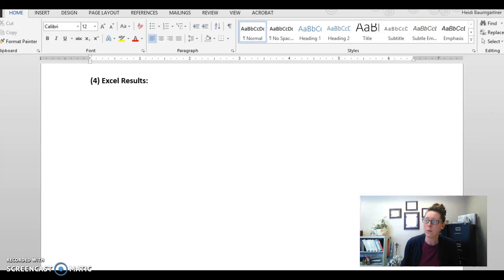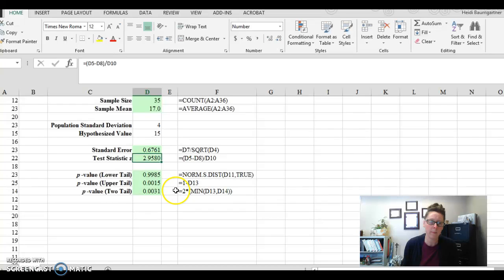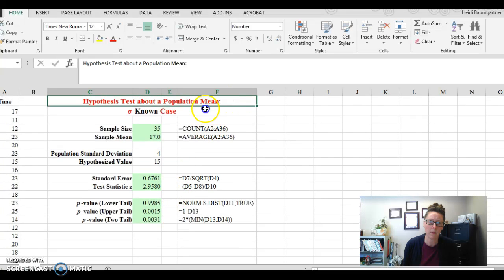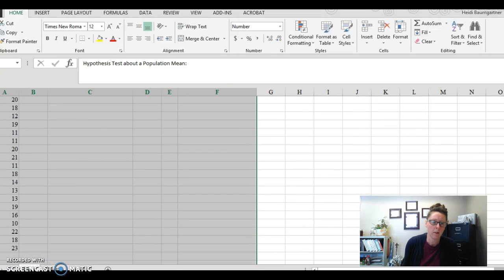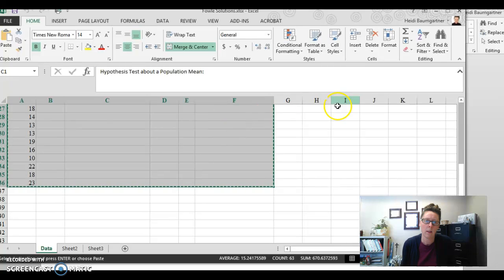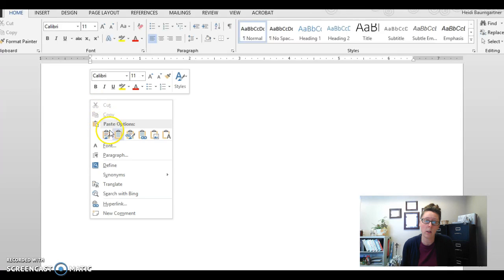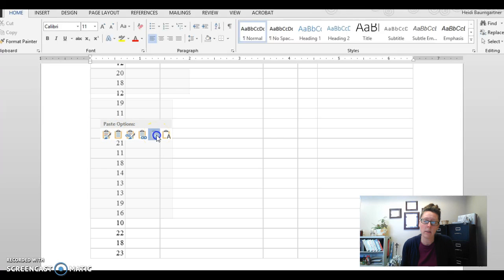So the Excel results, we are going back over to our Excel document, and you can just copy and paste this. Control C, copy, and move that over. And you can either do a Control V, or if you do a right click, you can do paste as a picture.